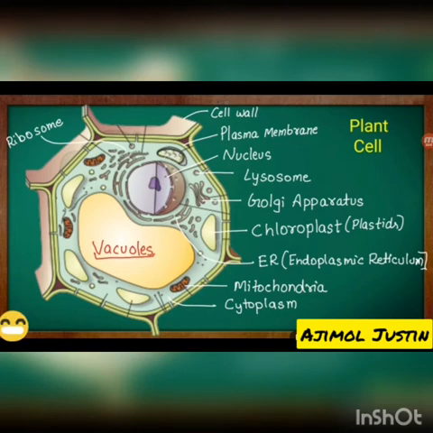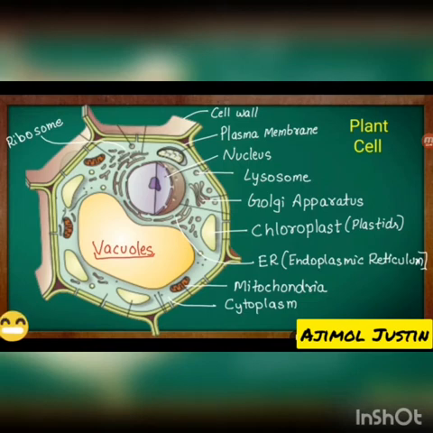Here, this is a plant cell. You can see here the outermost layer is a cell wall. And towards the cell wall you can see the plasma membrane. At the center you can see the nucleus. Towards its side you can see lysosome, which are called the suicidal bags. We will see. And towards its side you can see Golgi apparatus or Golgi complex.